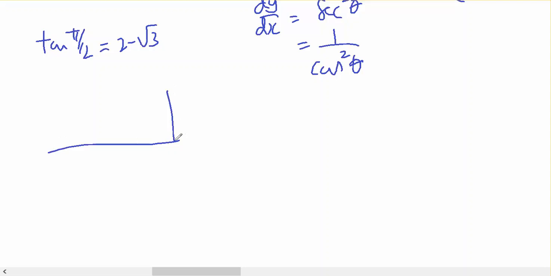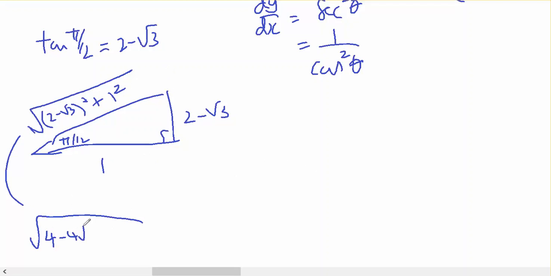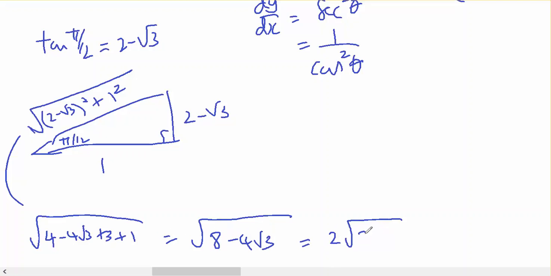So this is pi on 12, then 2 minus root 3 over 1. So this is the square root of 2 minus root 3 squared plus 1 squared, the square root of 4 minus 4 root 3 plus 3 plus 1, 8 minus 4 root 3, 2 square root of 2 minus root 3.